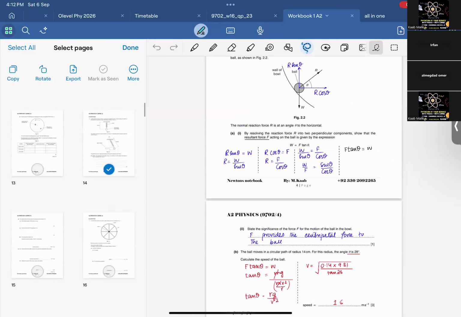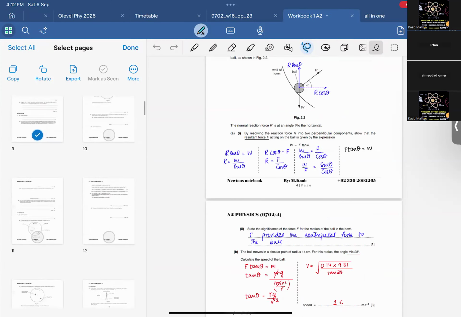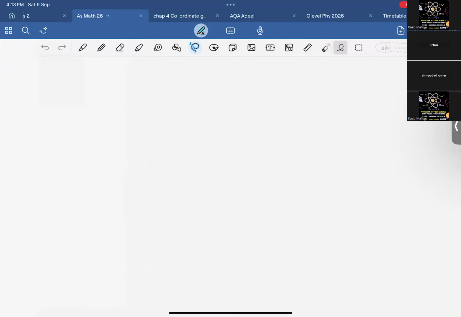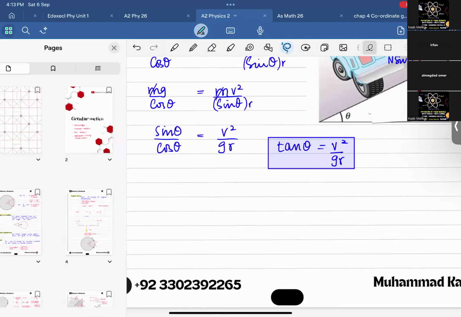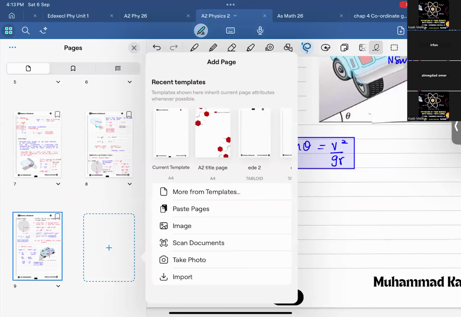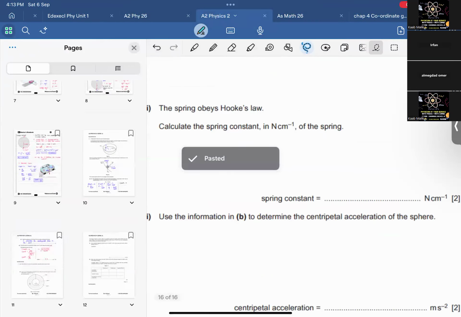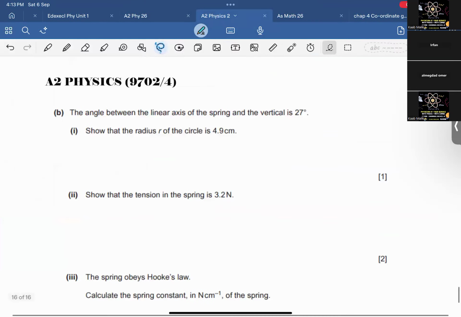This is difficult, and okay. Copy and paste right here.